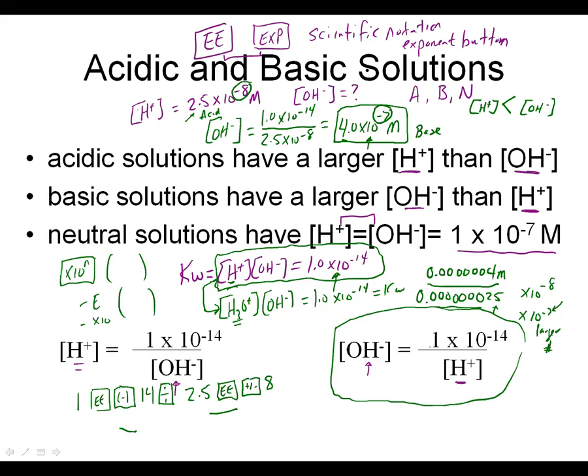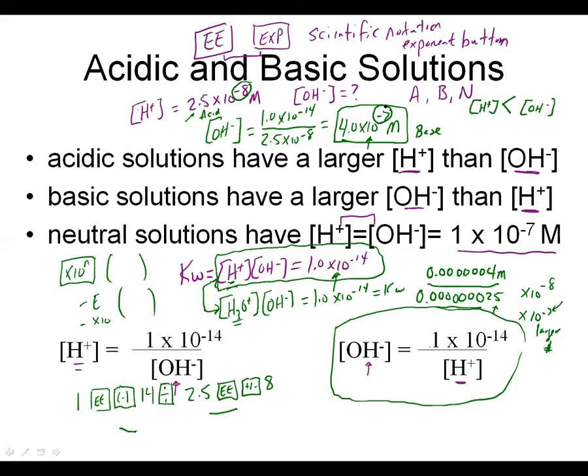You're just going to take 1 times 10 to the minus 14 and divide it by the concentration that you're given. Most people struggle with two things. Most people struggle with inputting it, with the scientific notation and your exponent button. And secondly, most people struggle with the comparison of the two when you compare the OH minus to the H plus and that negative exponent.